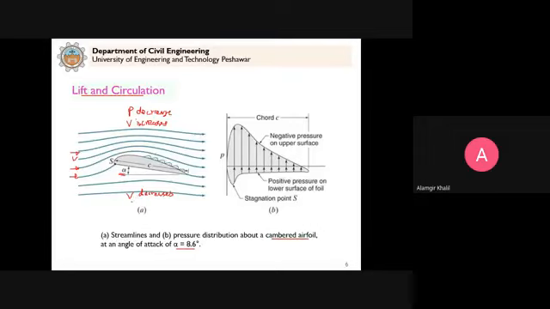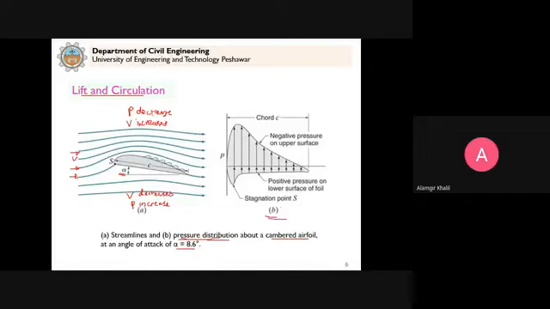And here at the bottom, the pressure should increase. So when this happens, it gives rise to this pressure distribution. You can see the pressure distribution diagram on this object in figure B.